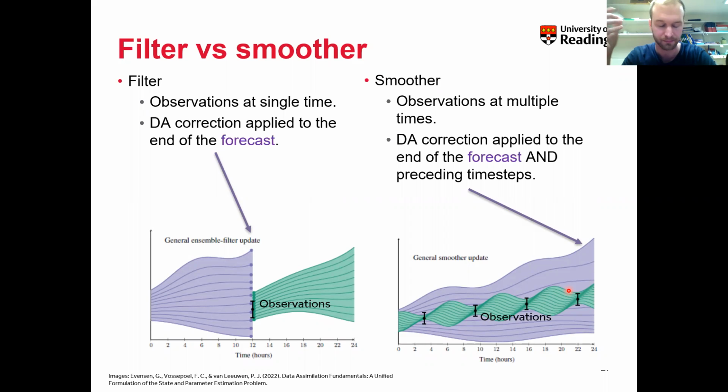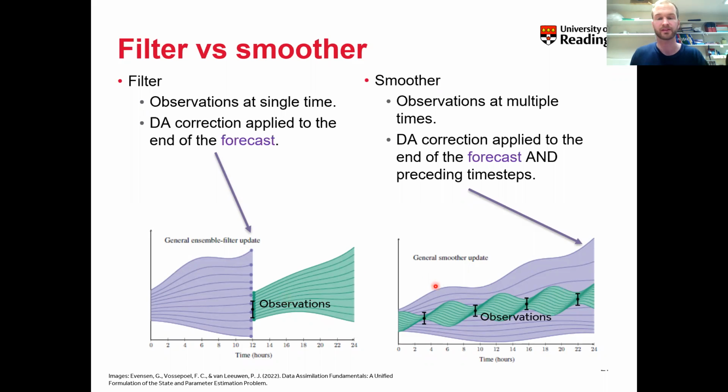This is in particular problematic for things like precipitation, because if you make a strong correction at one time, then maybe because you reduce the temperature, the humidity in the atmosphere starts to rain out, and then if you after that increase the temperature again in your Kalman filter, that humidity doesn't come back because it has rained out.